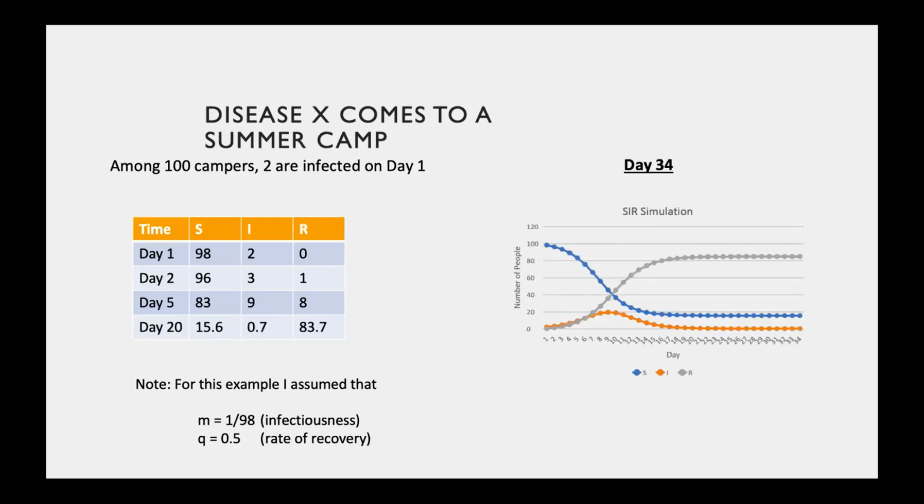If you see on the right-hand side, you can see now how the number of susceptible people dropped and then plateaued. The number of people who were infected rose and then dropped. And then the number of people who were recovered rose and then plateaued. And this phenomenon has to do with the fact that the number of susceptibles has depleted in this population.